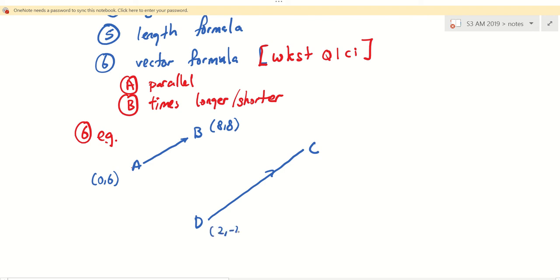D is 2, negative 2. And then they say find C. Look at the diagram on your paper. I'm referring to question 1. It looks like that. Now, 2 conditions: they say AB is parallel to CD. They also say DC is equal to twice the length of AB. Do you see that?